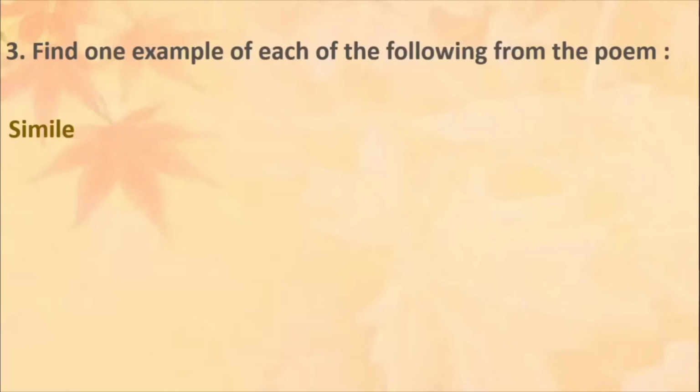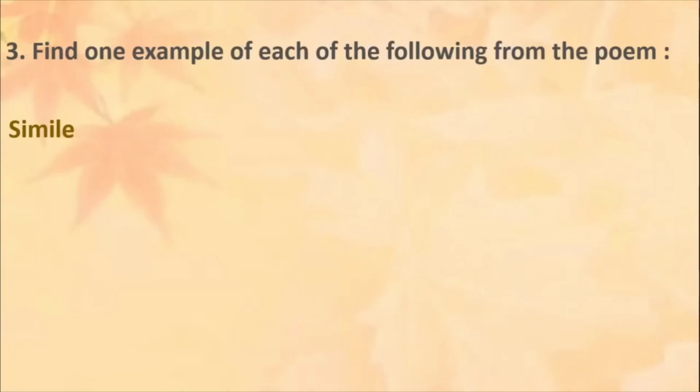Now simile means when you compare two things using the word like or using the word as. Simple. And metaphor means when you are calling one thing the other. You're comparing two things, but you're calling one thing the other. So come on, let's see what examples of simile and metaphor I have found out in the poem. Then you will find out one example of your own.